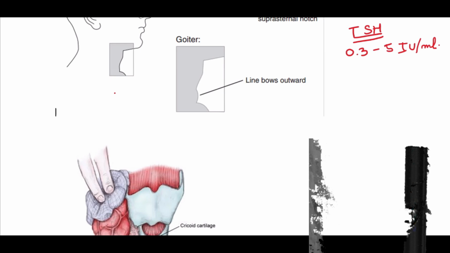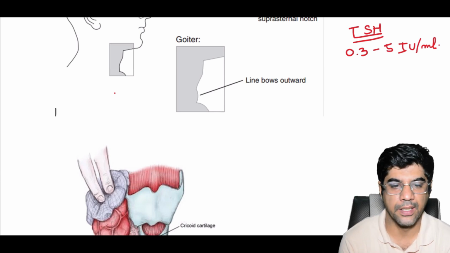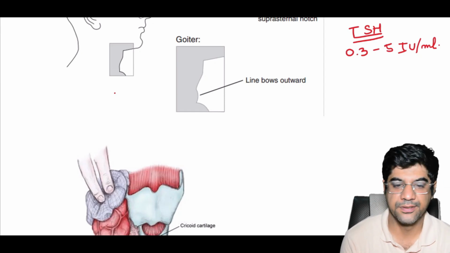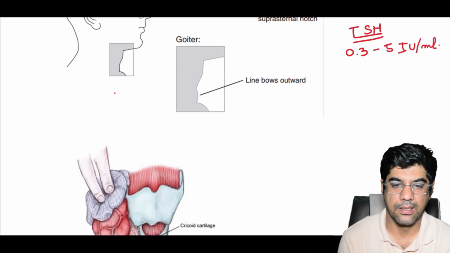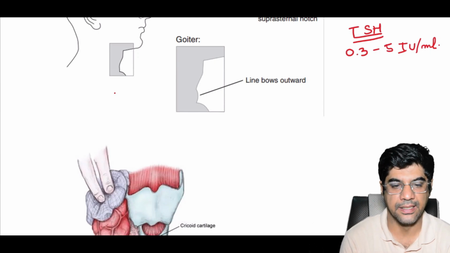The patient may complain of difficulty swallowing, less common because the esophagus, we know, is located posterior to the thyroid gland. The patient may also complain of hoarseness of voice that indicates the possible malignancy affecting the recurrent laryngeal nerve.